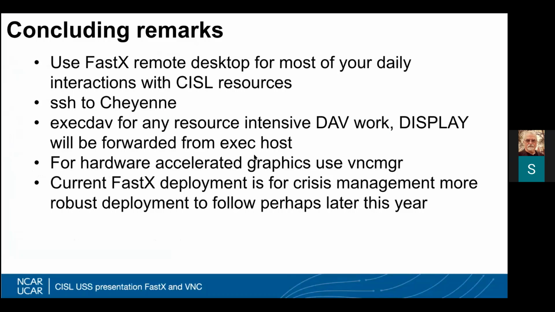So with that, let me make a concluding remark. Use FastX remote desktop for most of your daily interactions with CISL resources. Even if you do not need X window based service, you may like the persistence. On and off with slow internet, our SSH connections get broken.